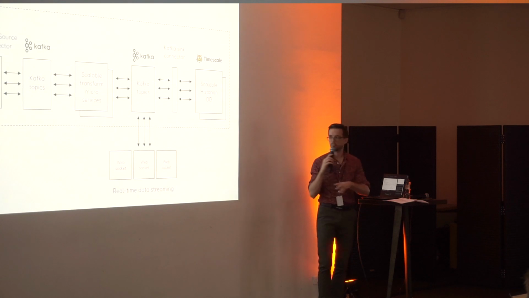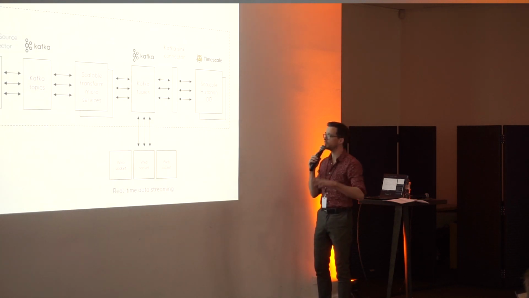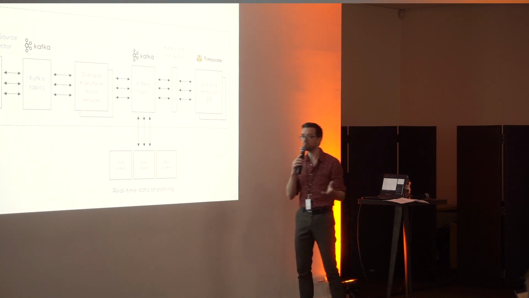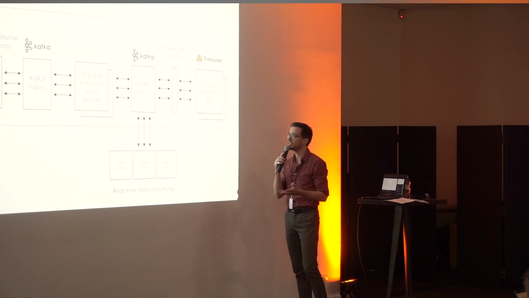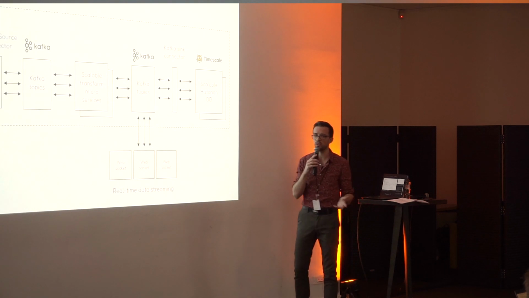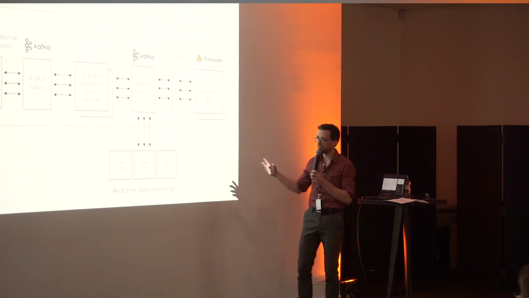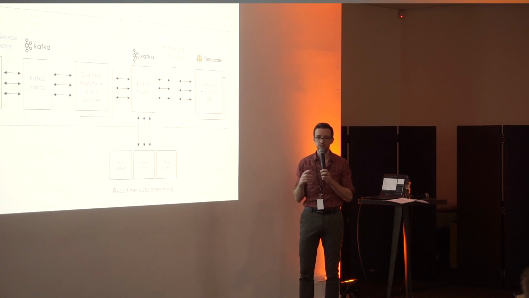So in this kind of architecture, you have to think about what happens when a microservice goes down, and how you're going to deal with a message. As I said before, you have to think about not losing any data.